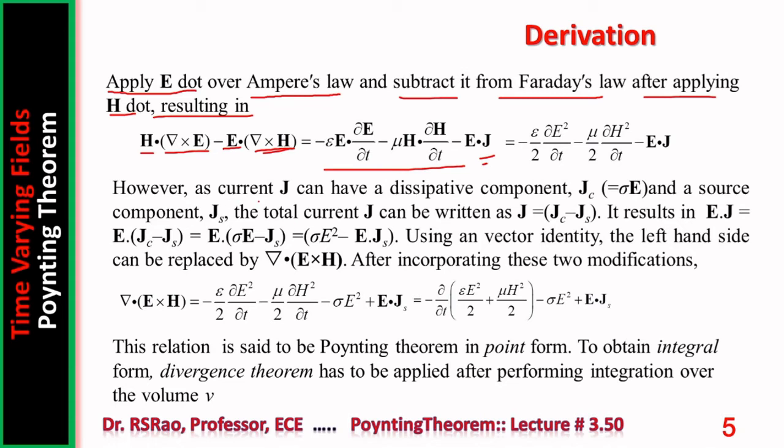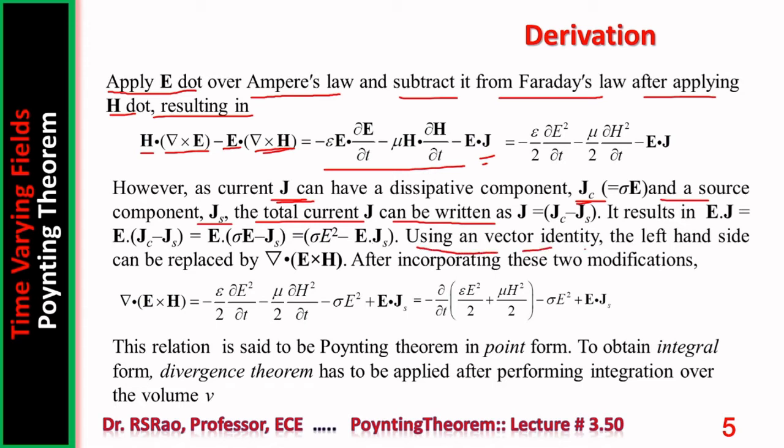Now, concentrate on the current. J can have a dissipative component Jc, which is equal to σE, and a source component Js. The total current J can be written as Jc minus Js. It results in E·J equal to E·(Jc minus Js), but Jc is σE, Ohm's law, so it results in σE² minus E·Js.